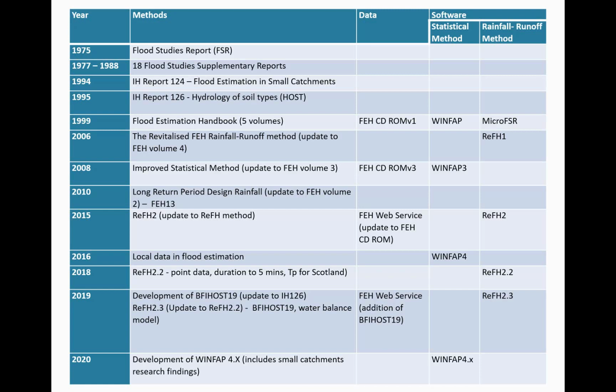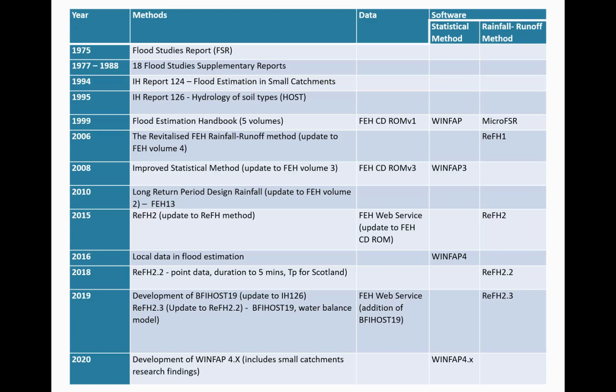In 2010, there was a project to update the design rainfall method, and this resulted in the development of the FEH13 dataset. In 2015, the FEH13 dataset was added to the FEH web service, which is an update to the FEH CD-ROM. And alongside this, the rainfall runoff method was also updated and released as FEH2 software.